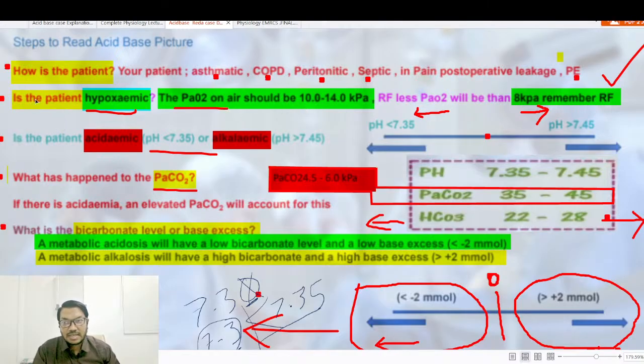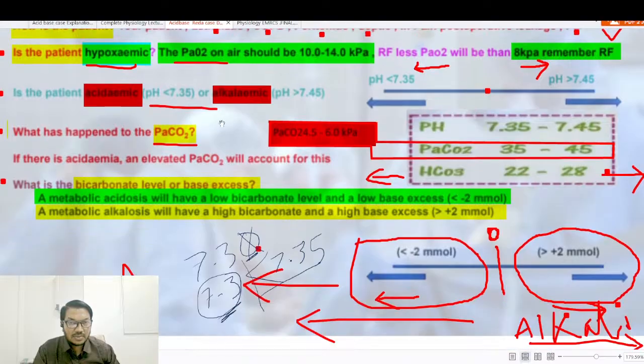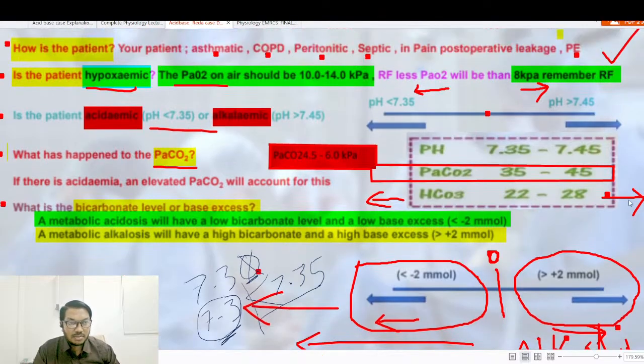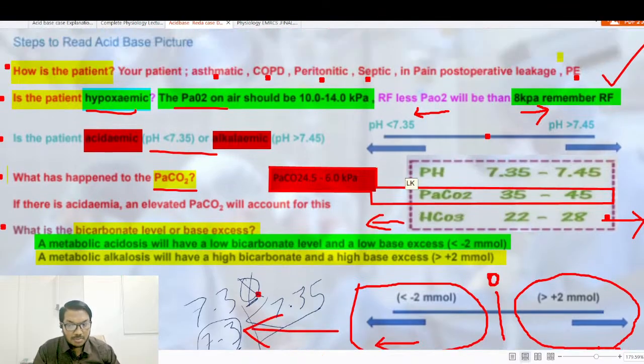Second is: is the patient hypoxemic? Means patient partial pressure of oxygen, is it within the normal limit or is it less? Okay, this is the second question. When we think about any patient, suppose a patient came with COPD, or any breathing difficulty, first we see the patient, then we check with pulse oximeter how is the saturation.